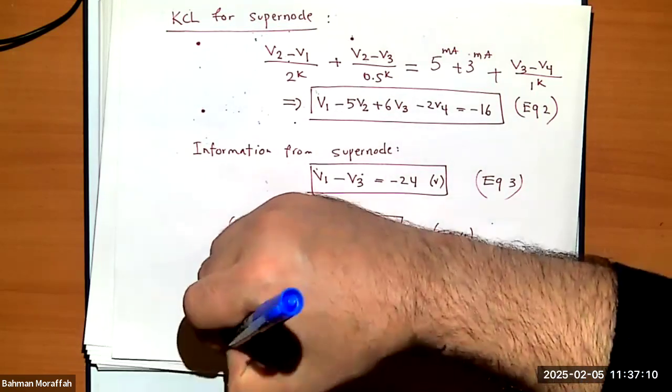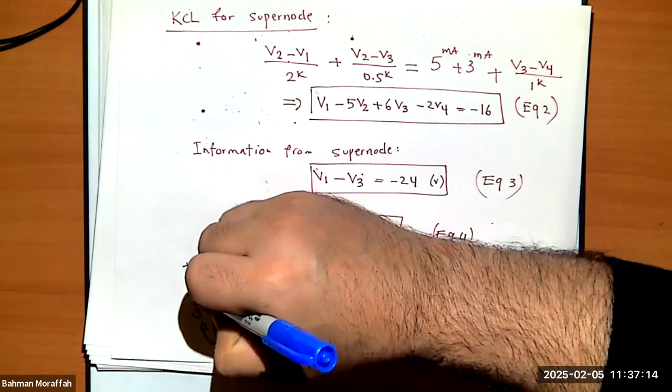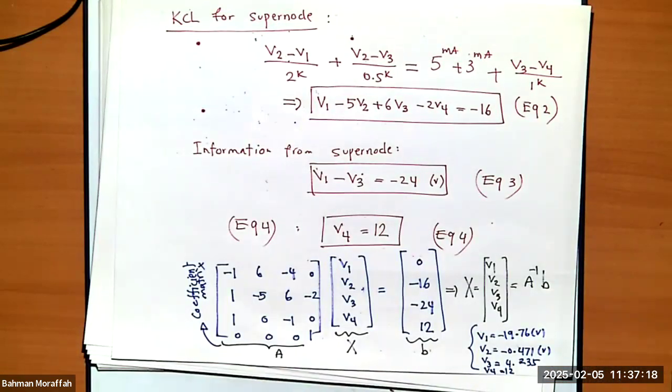Keep that in mind. This matrix over here is just a coefficient. So let's recap what we have. We still have KCL at every single node that we have.